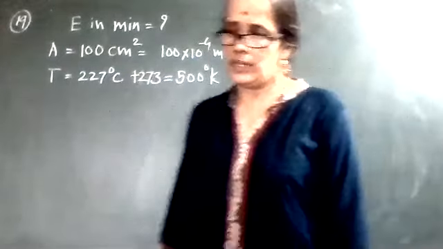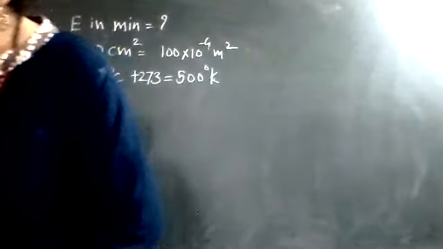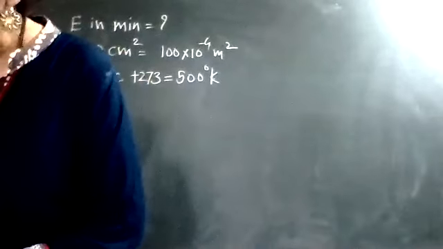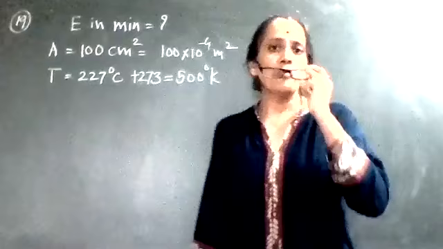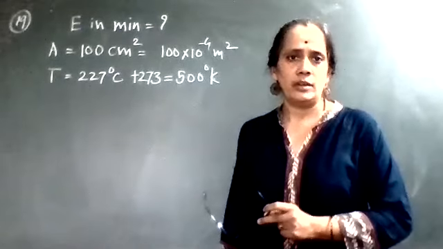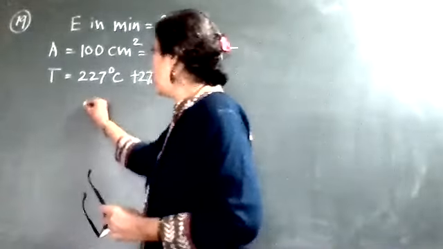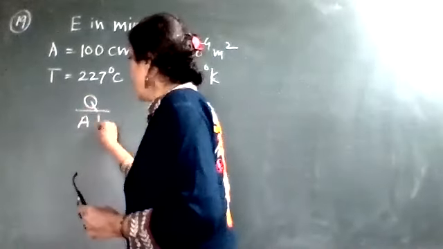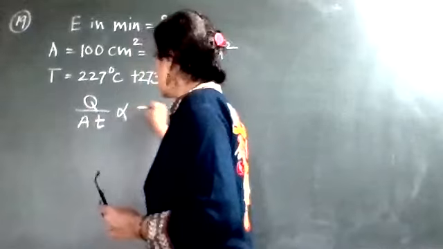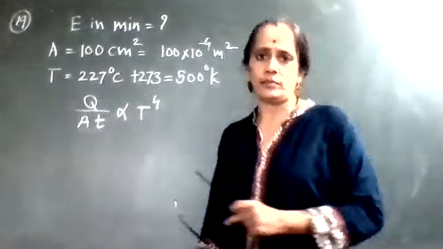This data is given. And now to find out this energy in a minute, which law am I going to use? I am going to use the Boltzmann radiation law. What is that Boltzmann radiation law? Energy radiated per unit area per unit time is directly proportional to T raised to 4.